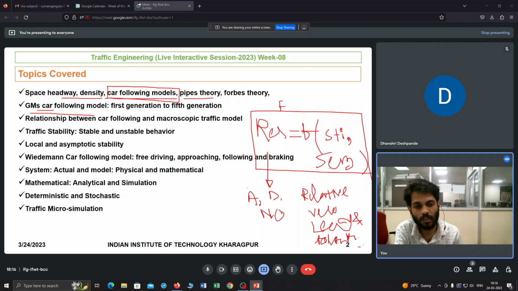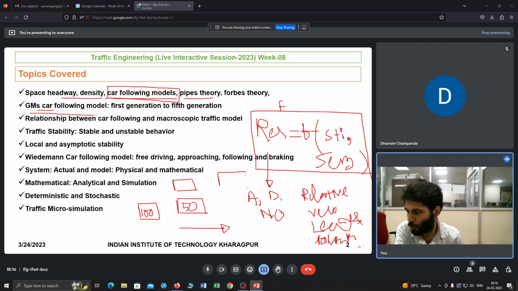Now in case of sensitivity, your sensitivity actually influences the magnitude of acceleration and deceleration. Suppose two vehicles are traveling in the same direction, one with velocity 150, let's say. In the other case, hypothetically, 200 and 150.